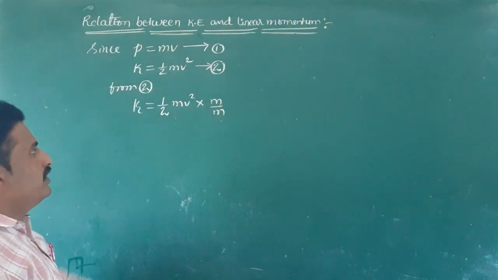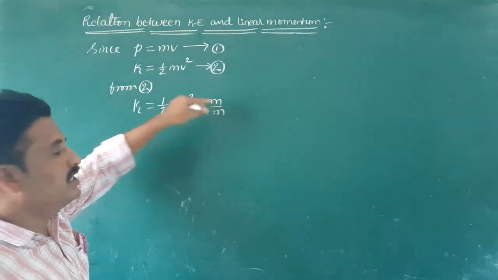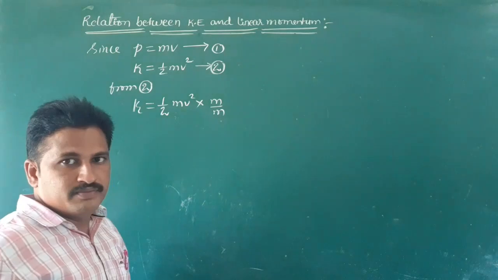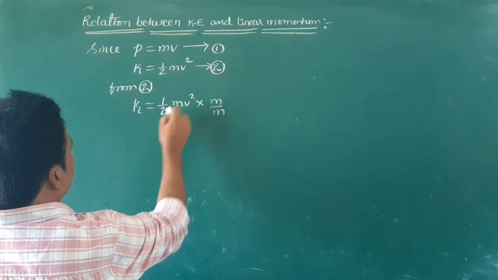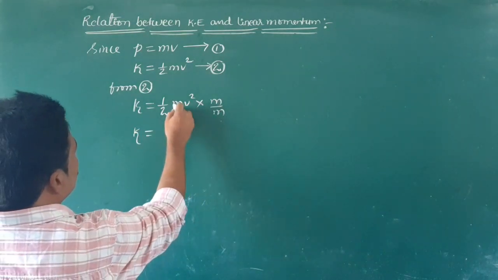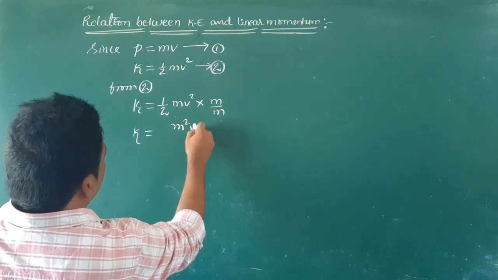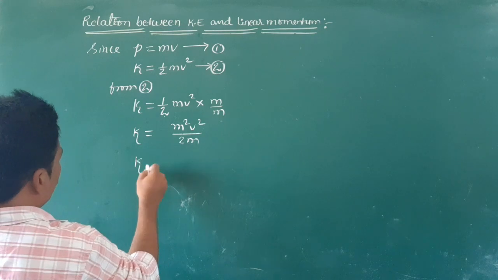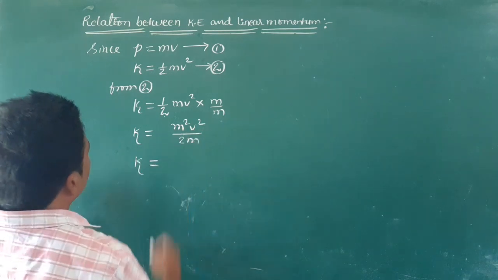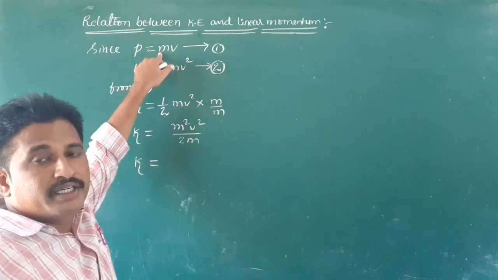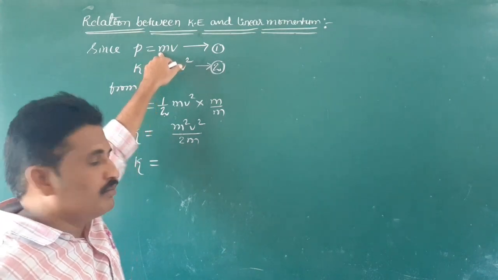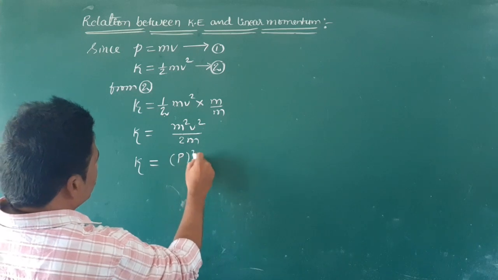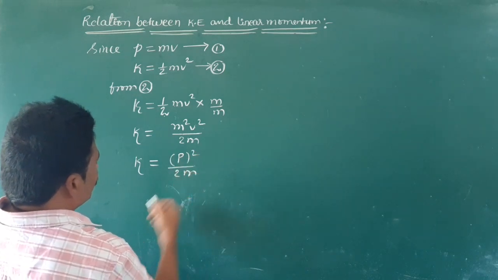Here m gets cancelled, then we will get the previous equation, so don't worry while writing this. Now m into m is m square, so K is equal to m square v square by 2m. From equation number 1, the product of mass and velocity is known as linear momentum. Instead of mv we can write p square by 2m.